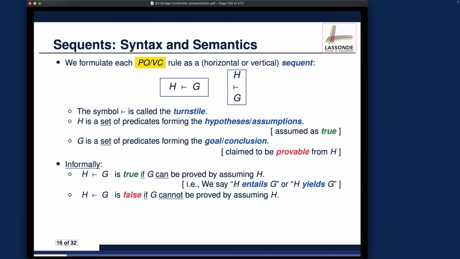And we also say H turnstile G. Some people say that. You can also say H entails G or H yields G. So you've got three different ways to actually say that. You can either say H turnstile G, or you can say H entails G, or you can say H yields G. Either way will be okay.